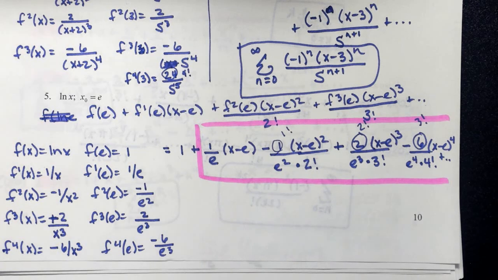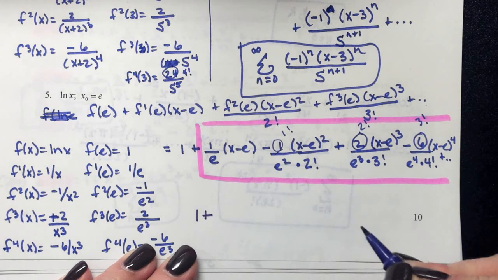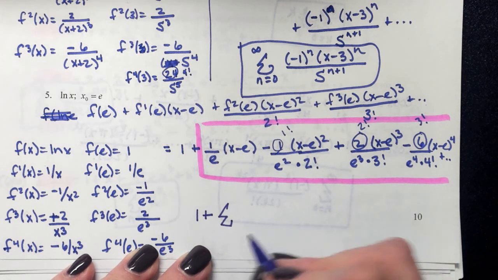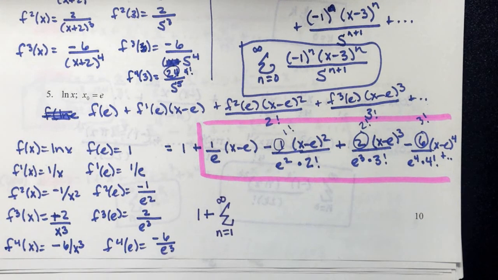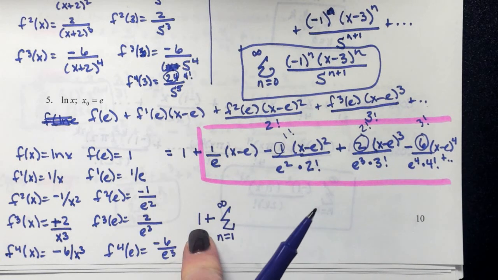So let's talk now about what this pattern is going to look like. So I'm going to take the 1 plus, again, my sigma notation, the pattern starting with n is equal to 1 to infinity. So if the pattern didn't start until the second or third term, you would just change that lower index to n is equal to 2, or n is equal to 3. But you would include those terms that you would have to add on to complete this Taylor series.